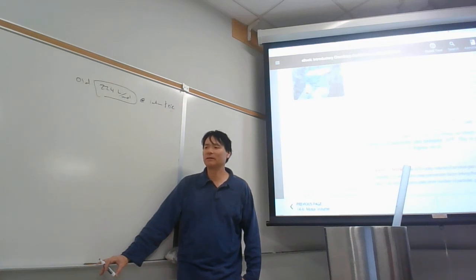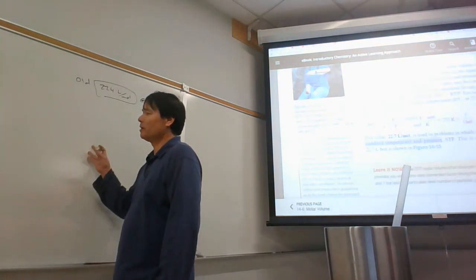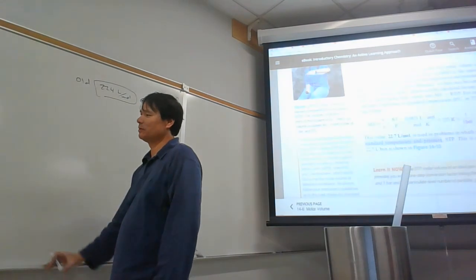Can you imagine if all the labs were at 0 degrees C, how uncomfortable it would be? So that's the reason why I memorized this, but I never used it. I never worked in a lab at 0 degrees C.